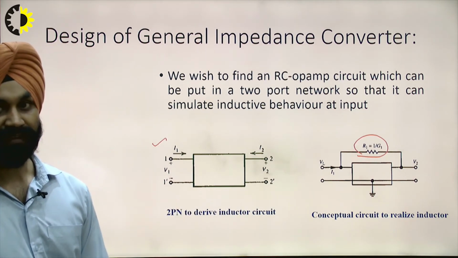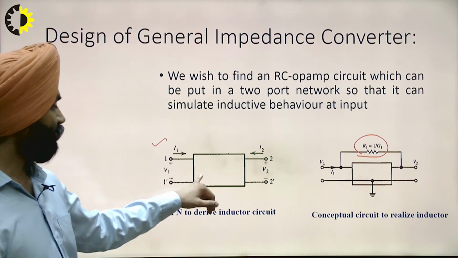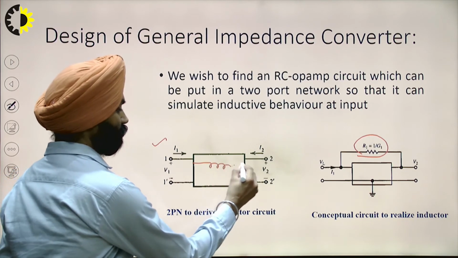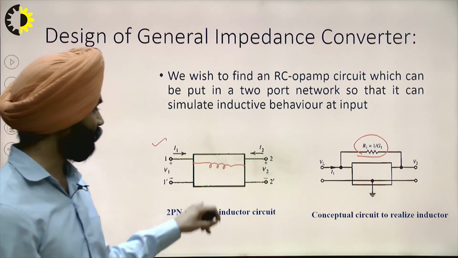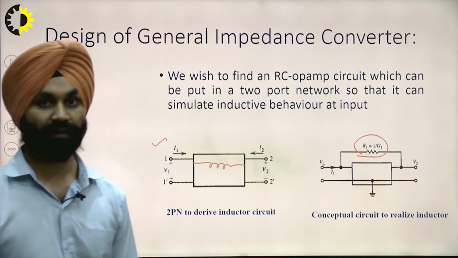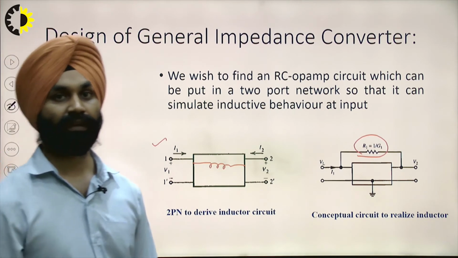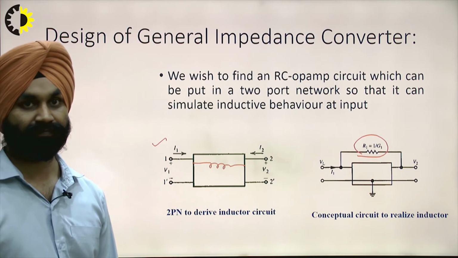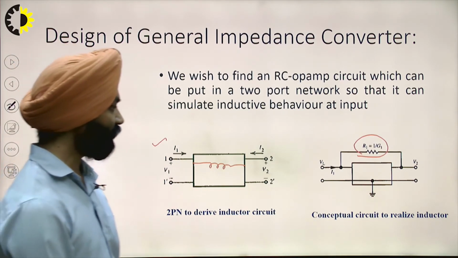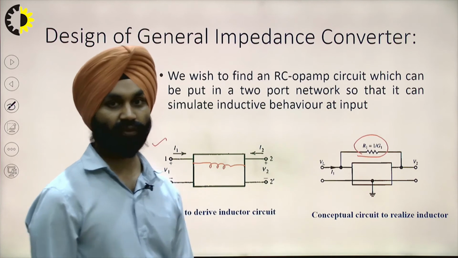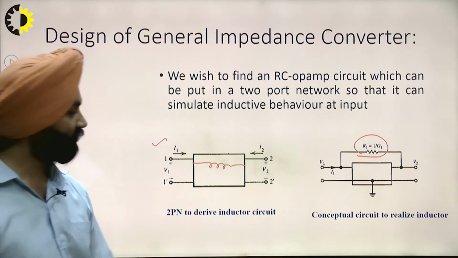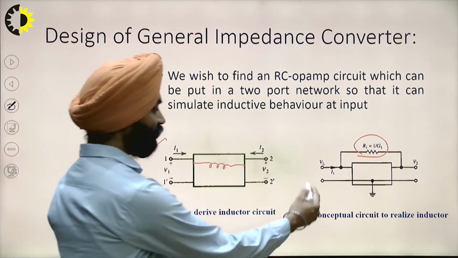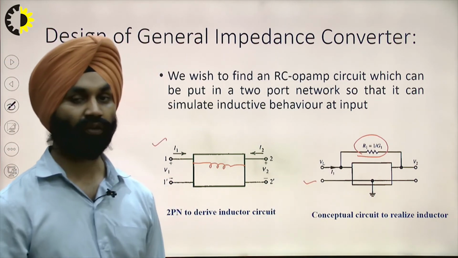This circuit has some inductors, and we have to replace this inductor with some resistances and capacitors plus op-amp circuits. To simulate, let's take all those resistances out of this circuit. We are just conceptualizing one circuit where we can take R out of this circuit.